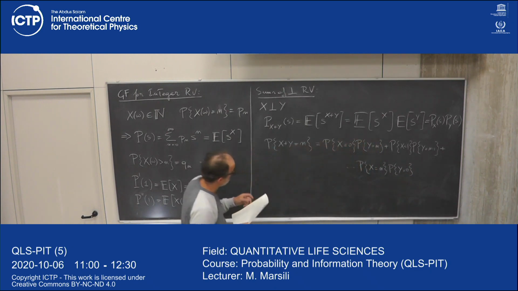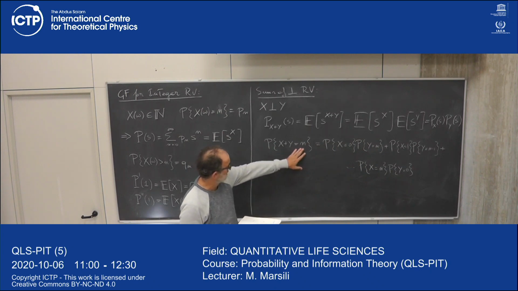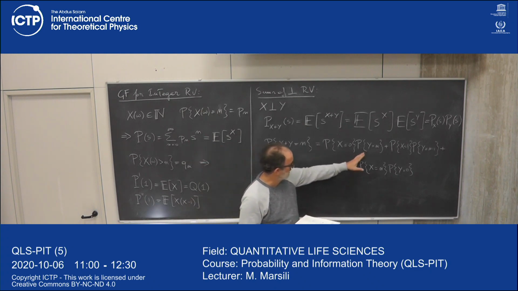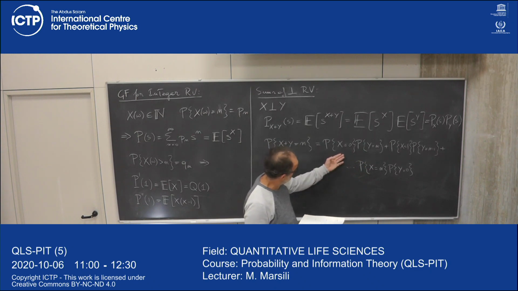Okay, so if you want to compute directly the probability that x plus y is equal to n, then you see that you have to do this complex operation, which is called a convolution.